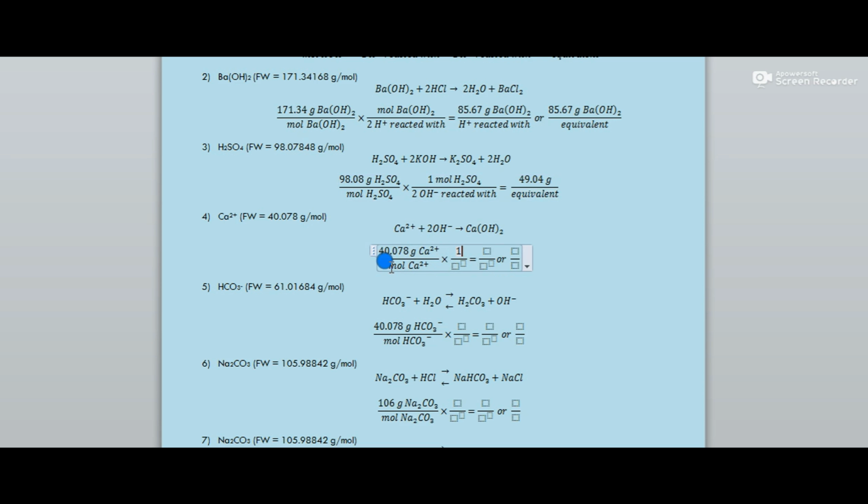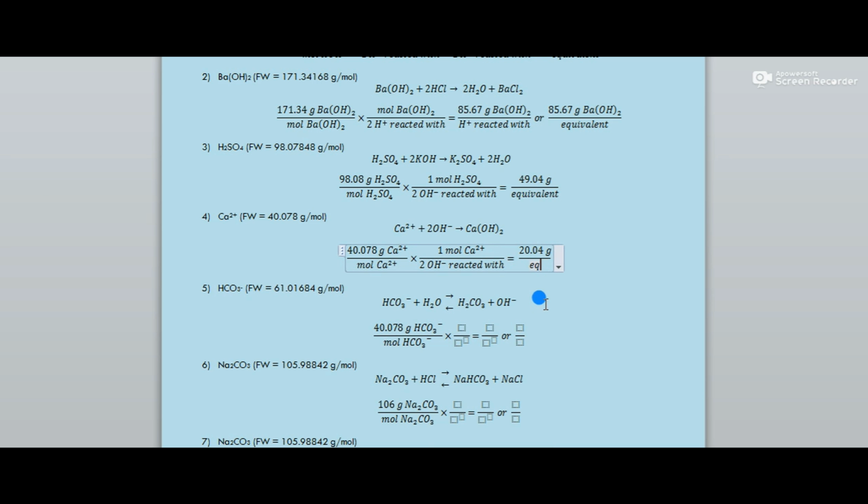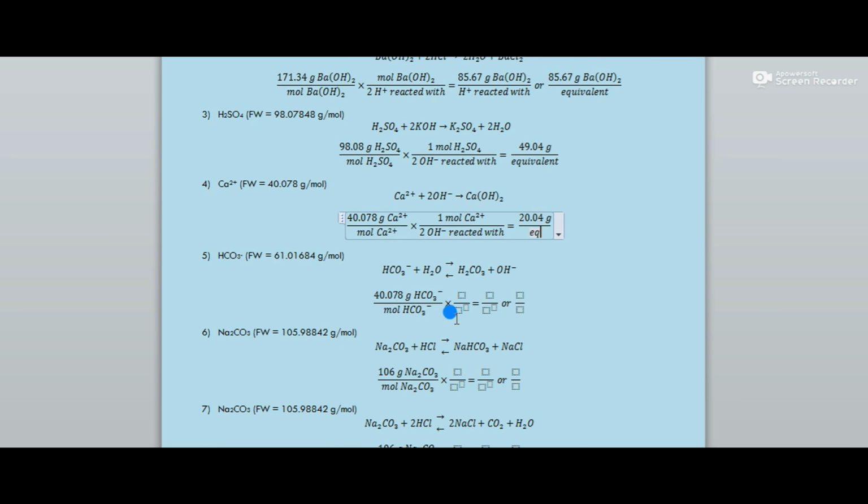So 1 mole of calcium, based on this balanced equation, will react with 2 moles of hydroxide, and our equivalent weight here is around 20.04 grams per equivalent. So that is the equivalent weight for calcium ion.